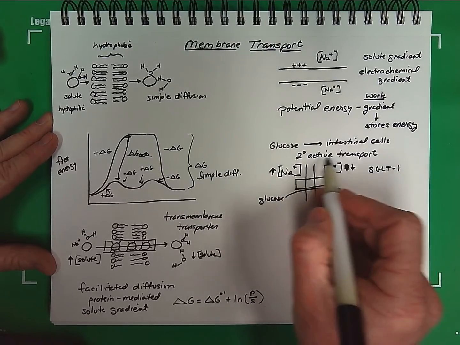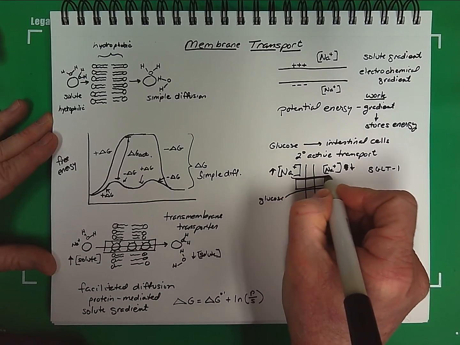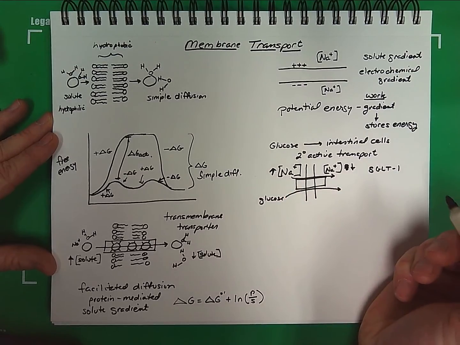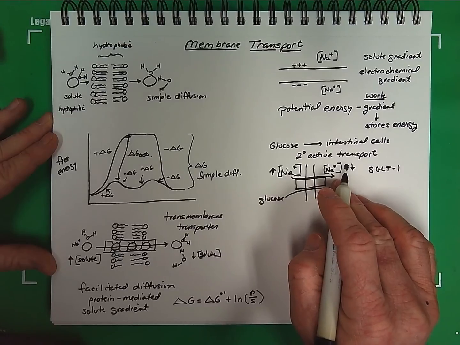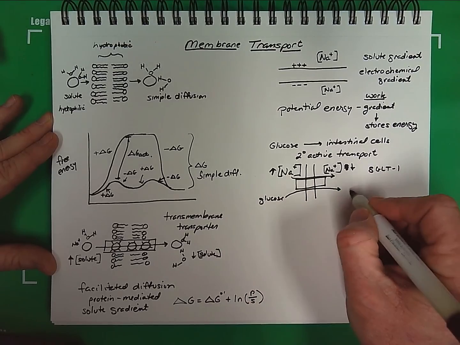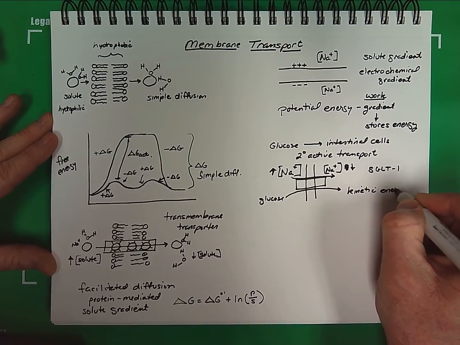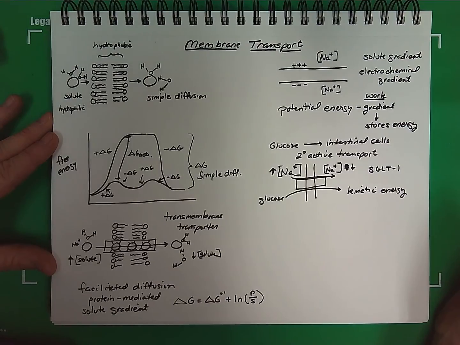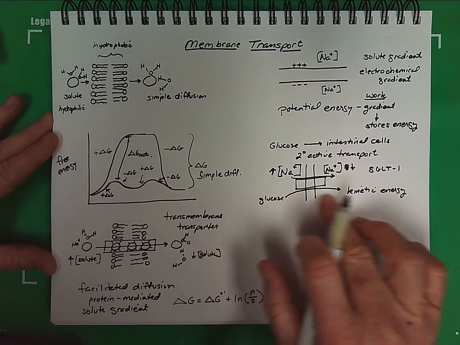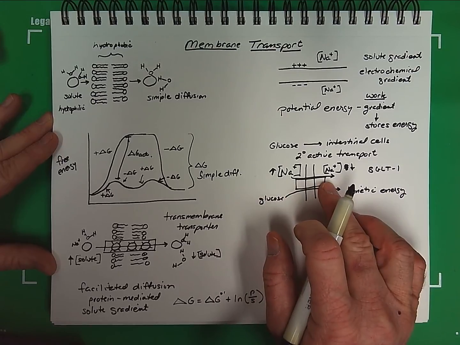So the potential energy that is stored in this gradient of sodium, when we dissipate this potential energy, we are turning it into kinetic energy. The kinetic energy is the movement of glucose across the membrane using this cotransporter.